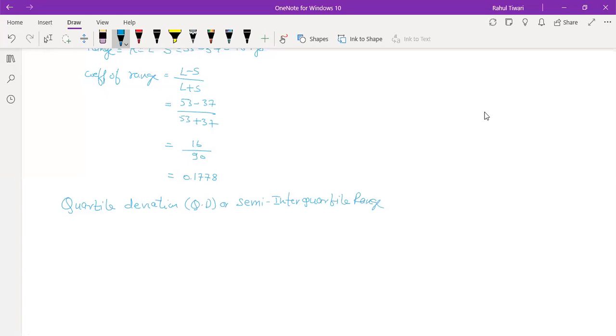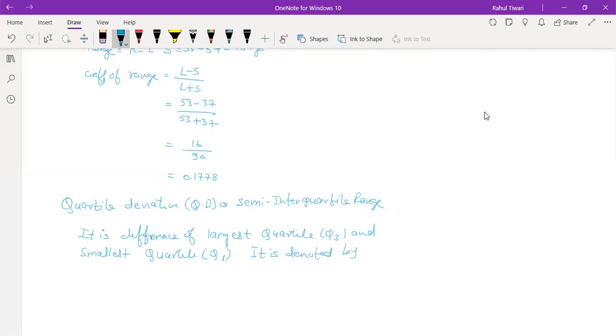So what is quartile deviation? It is the difference of the largest quartile, Q3, and the smallest quartile, Q1, denoted by QD, which is Q3 minus Q1.